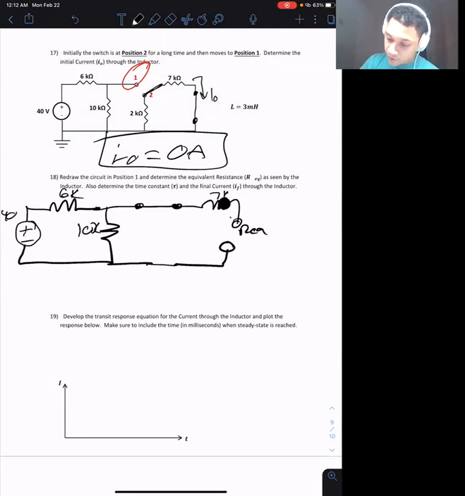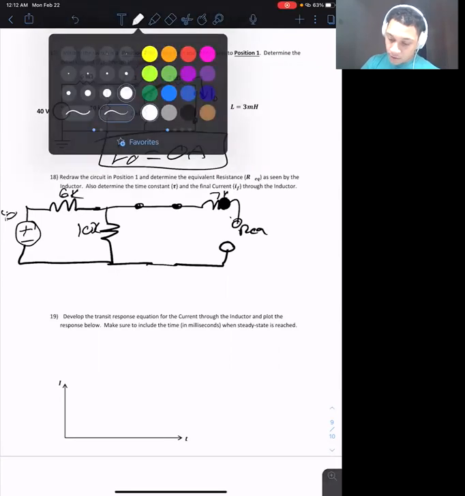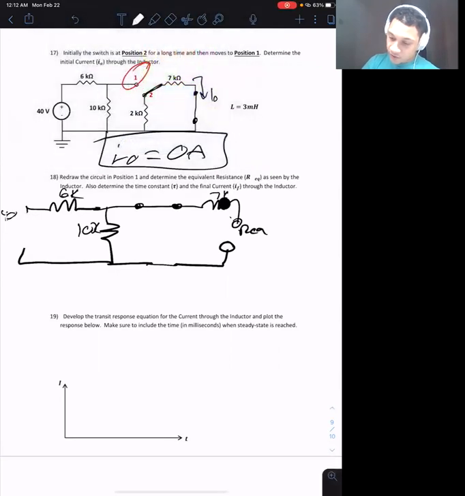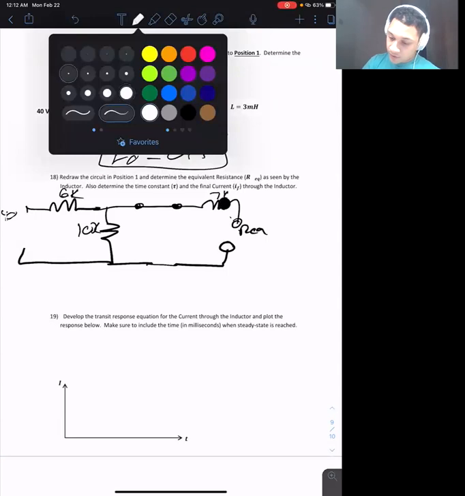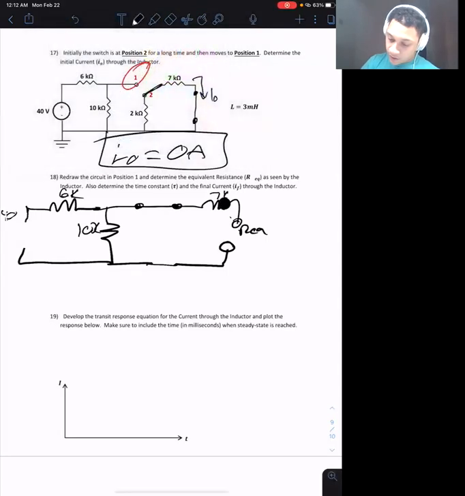And then we'll remove any sources and we'll replace them. Now this is a voltage source, so we'll replace this one with a short. And now we have to find R Thevenin or REQ.